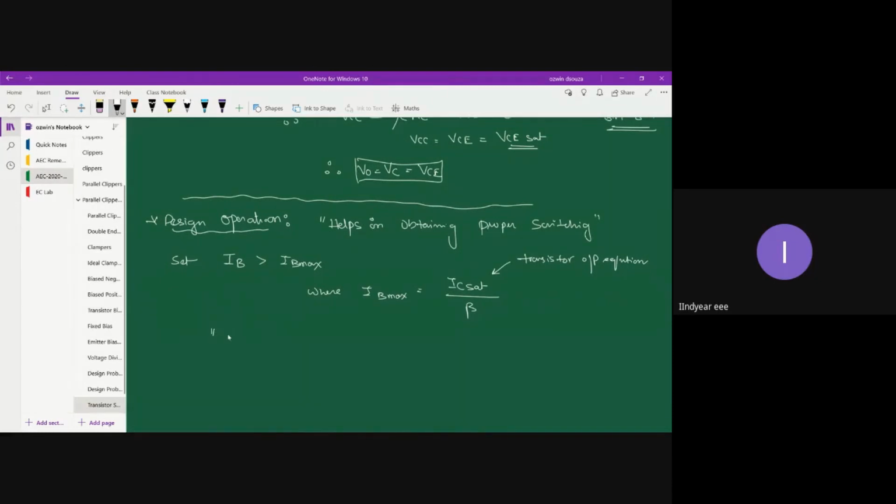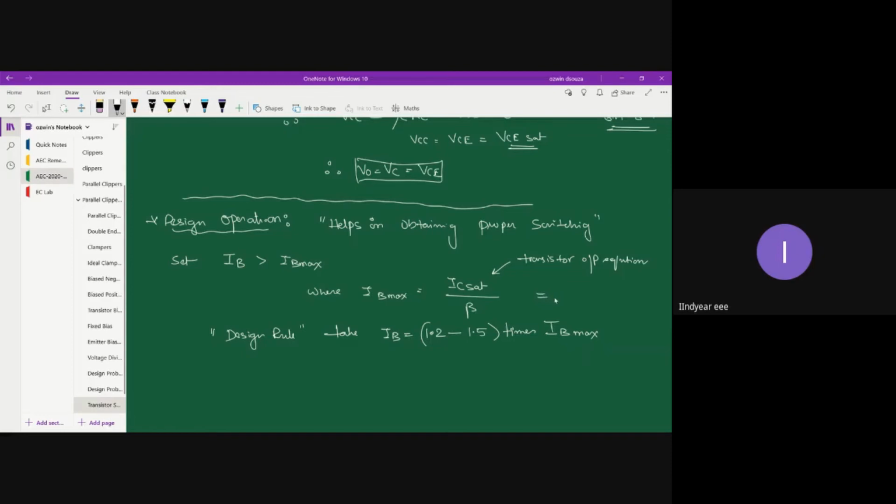Fine. Now normally, as a rule of thumb, as a design rule, take IB equal to 1.2 to 1.5 times IB max. Are you understanding? As a design rule, you have to take IB as 1.2 to 1.5 times IB maximum.